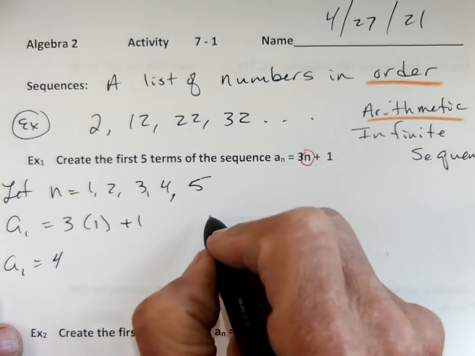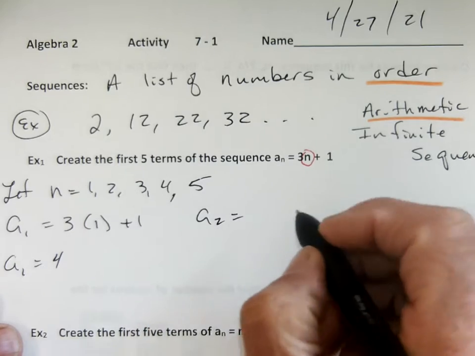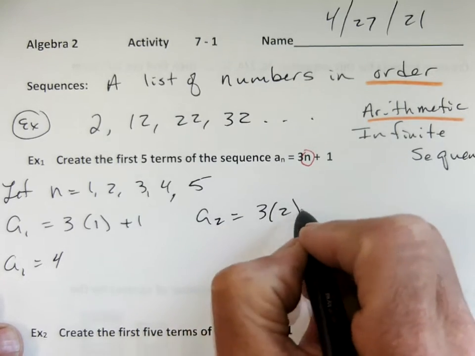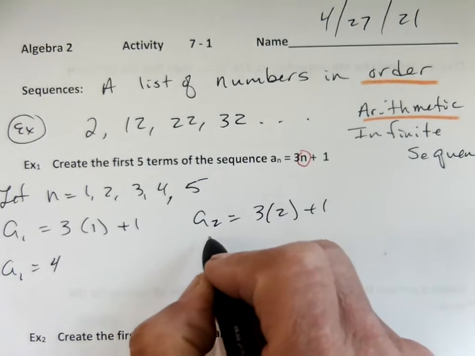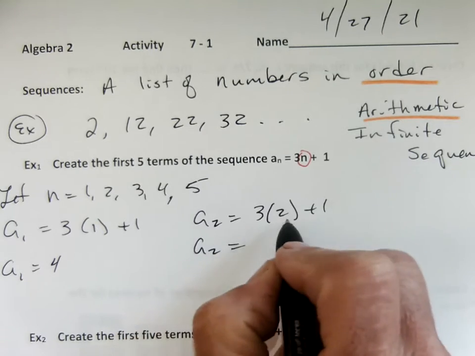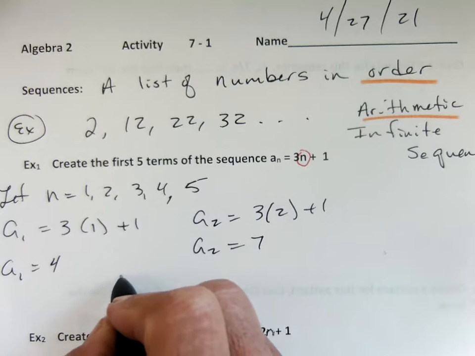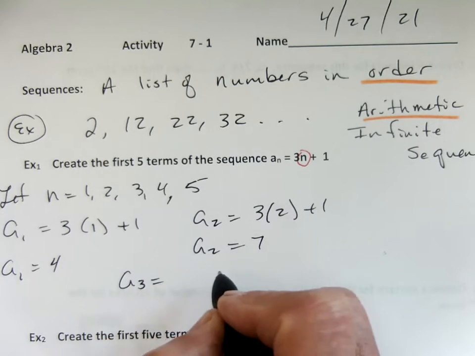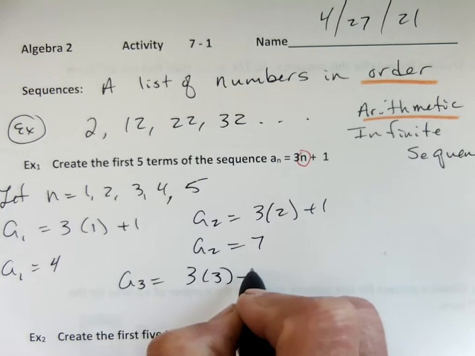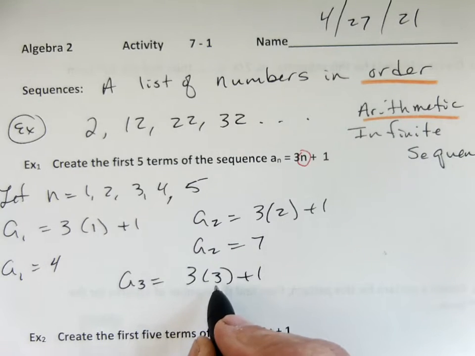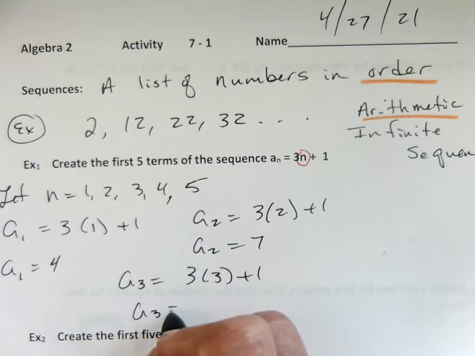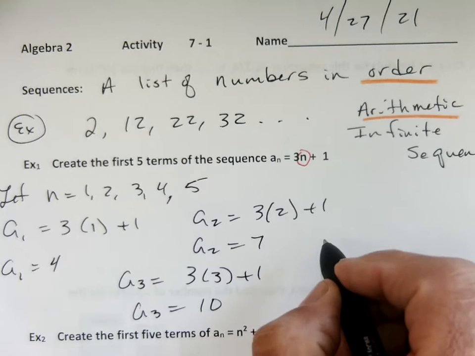A2 would be 3 times 2 plus 1. So then A2 is 6 plus 1 is 7. A3 would be 3 times 3 plus 1, which is 9 plus 1, so A3 is 10.